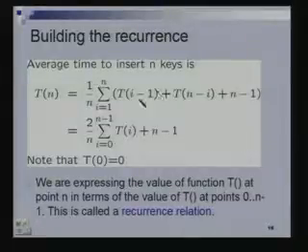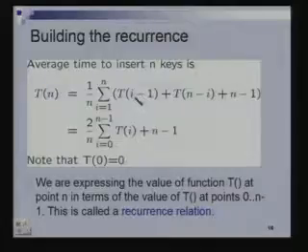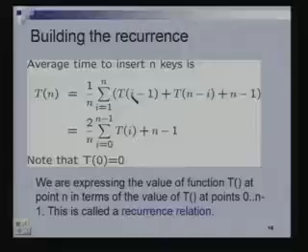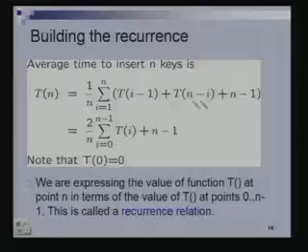Now, note that each of these terms will appear twice. If I look at T3, it will appear once for i equals 3, and once for i equals n minus 3.